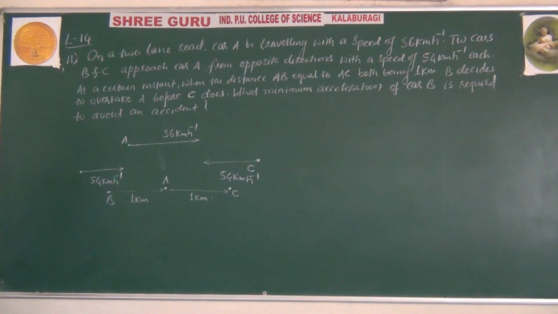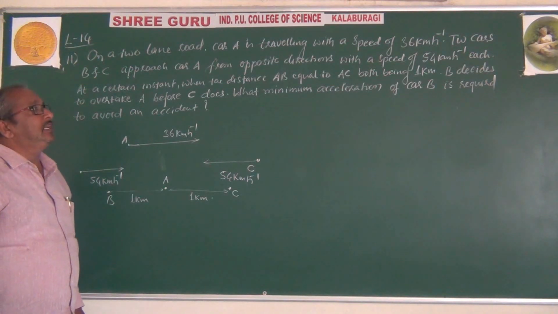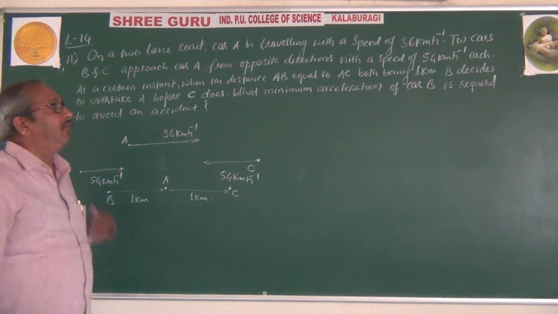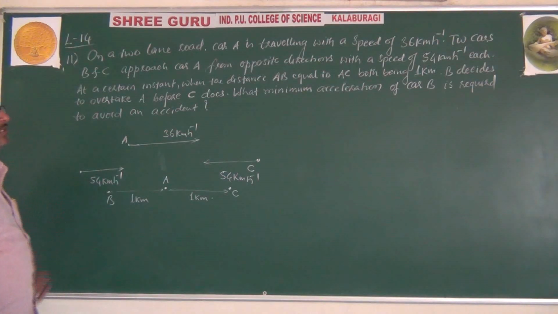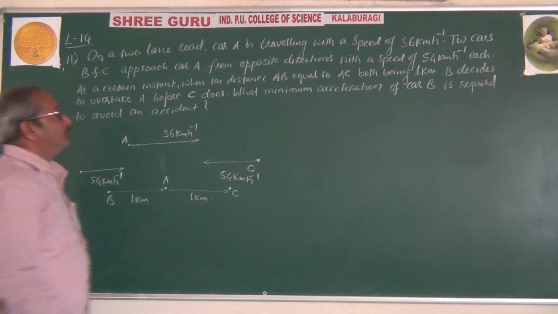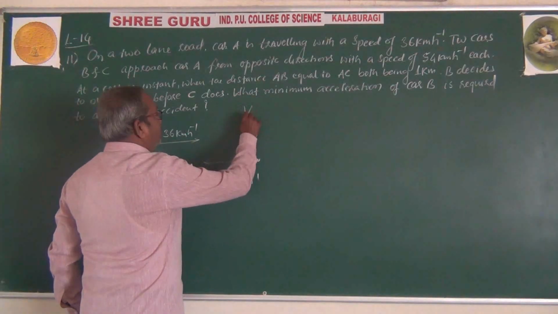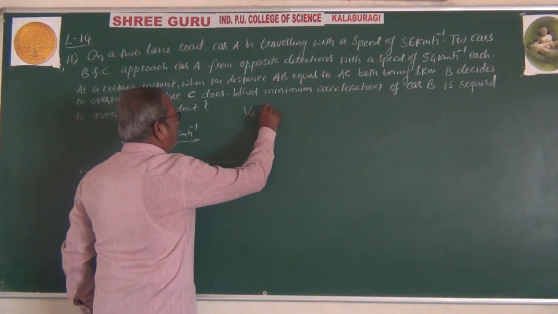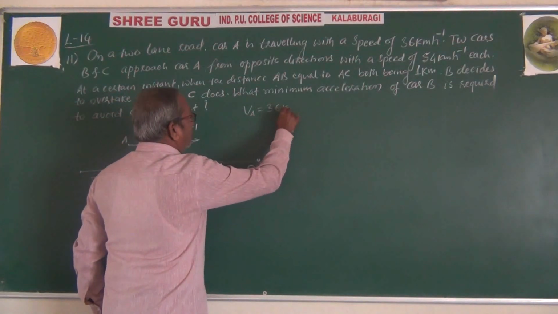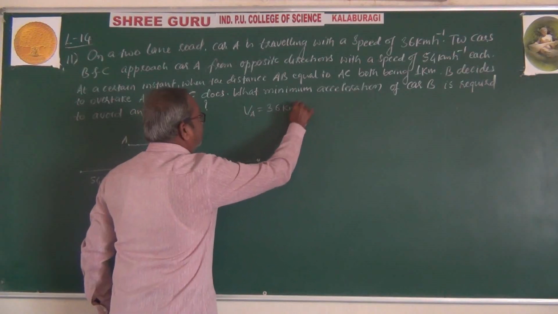On a two-lane road, a car A is traveling with a speed of 36 kilometers per hour. So that means here velocity of the car A equal to 36 km per hour.